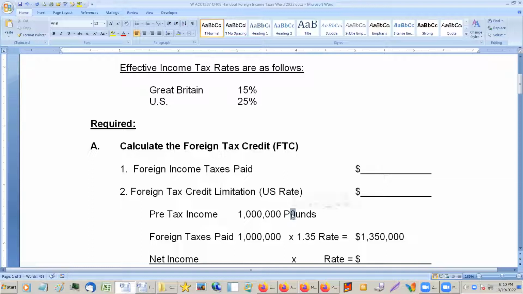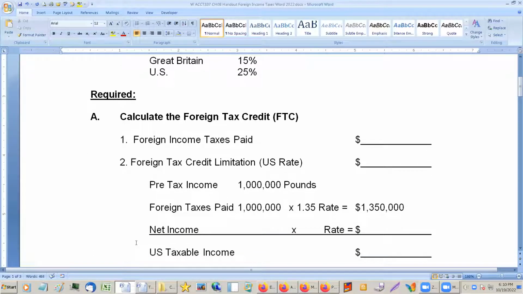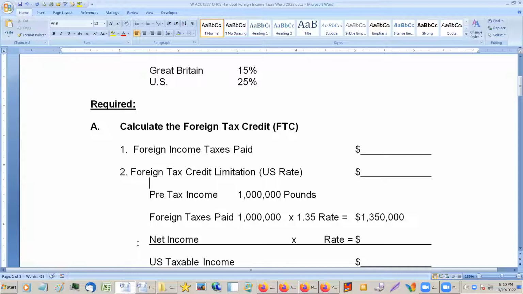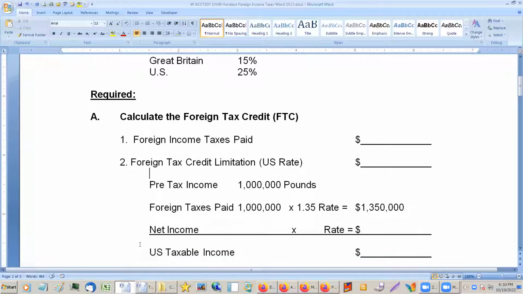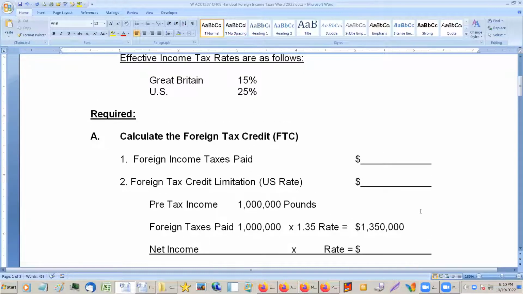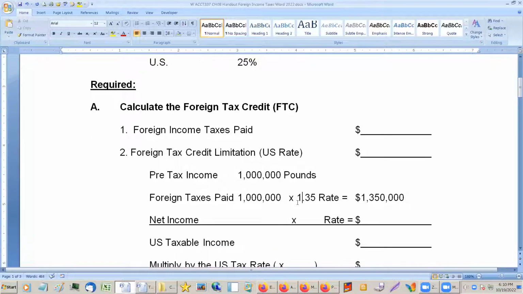Wait a minute. I did this completely wrong. I know I still gotta convert it. I'm sorry, I gotta do the 15%. What do I do here?